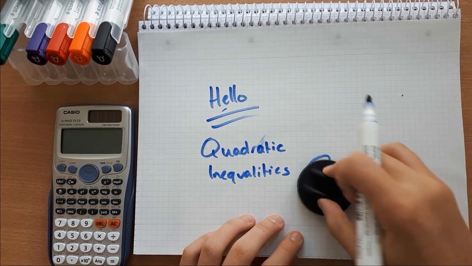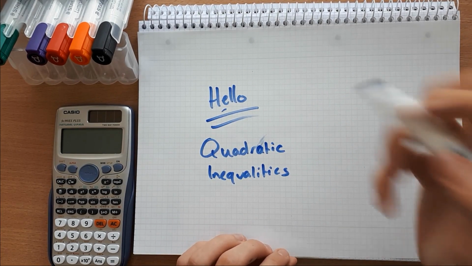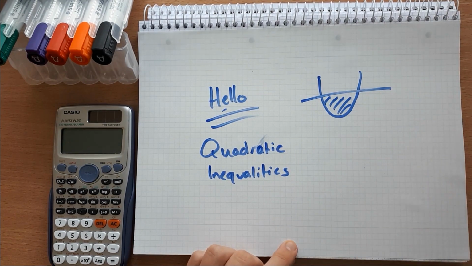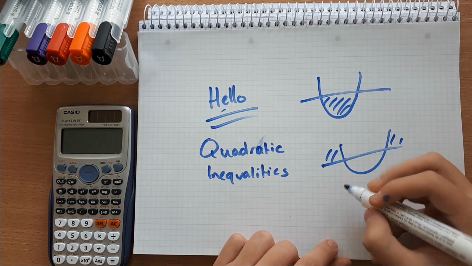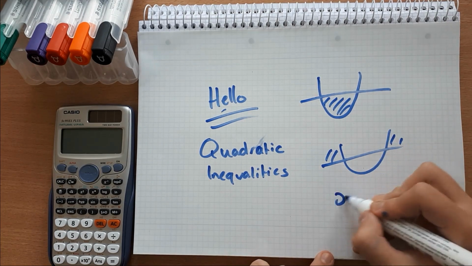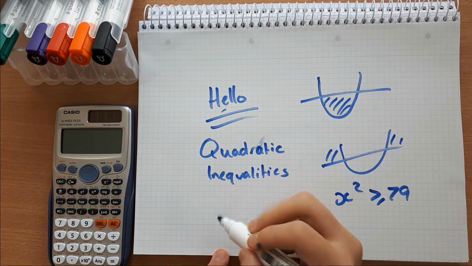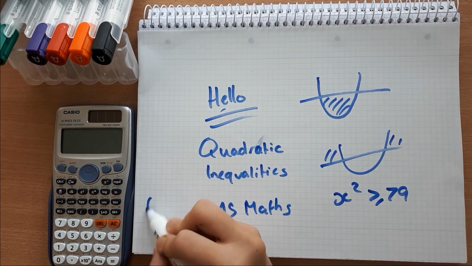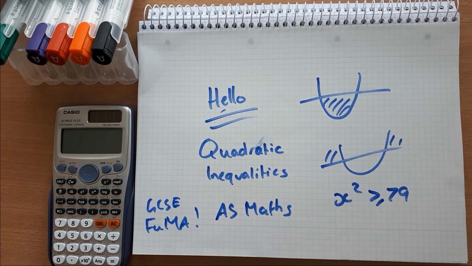Now I am currently quite sick, so this is going to be a task for me, but hopefully I'll be able to shed some light on the complications of solving inequalities where you've got shading below, shading above, awkward terms. Hopefully this will help so that you can get the best mark you can in AS Maths or GCSE Further Maths. Enjoy the video.